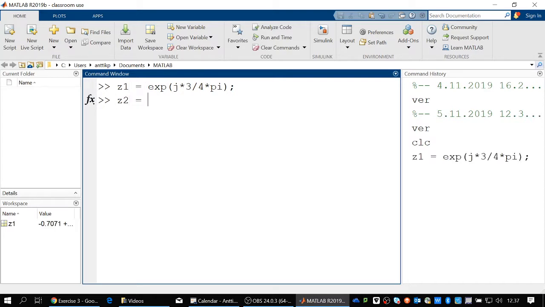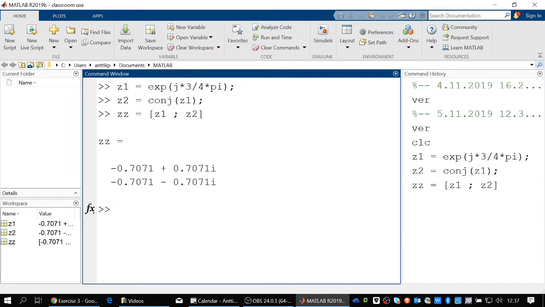The second zero location is the complex conjugate of the first one. And the vector for zeros is Z1 semicolon Z2, since you have to show these as column vectors.